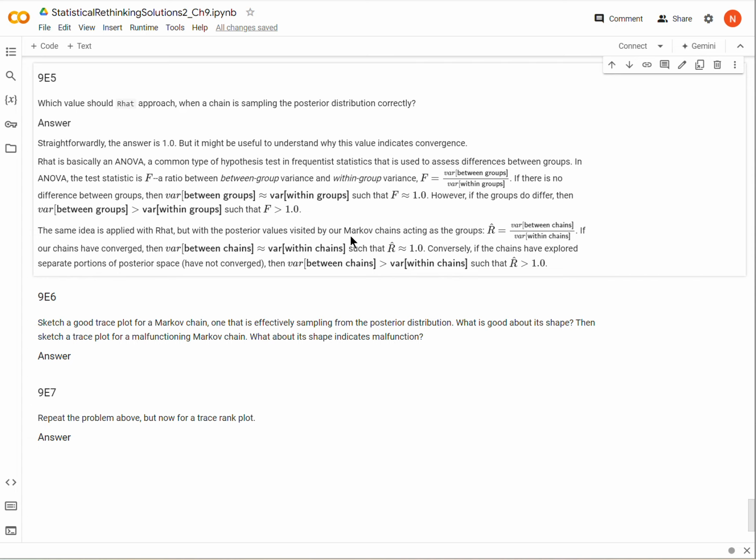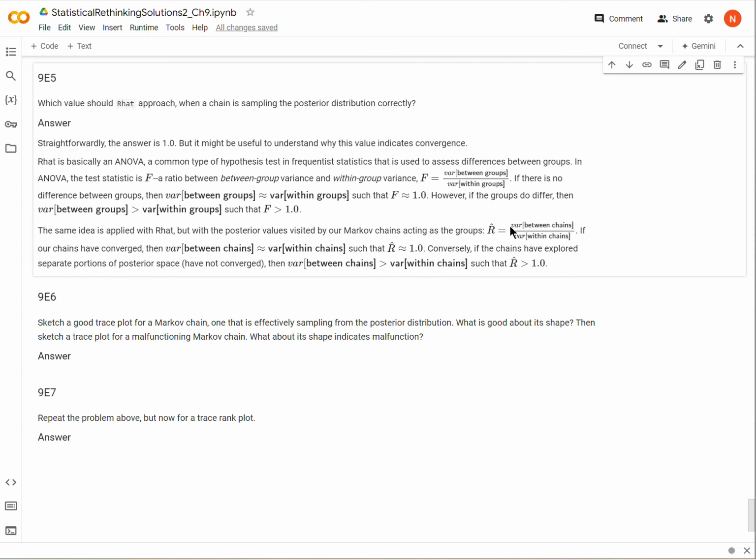If those chains have visited the same areas of this posterior space, then the variance between the chains should be the same as the variance within the chains.